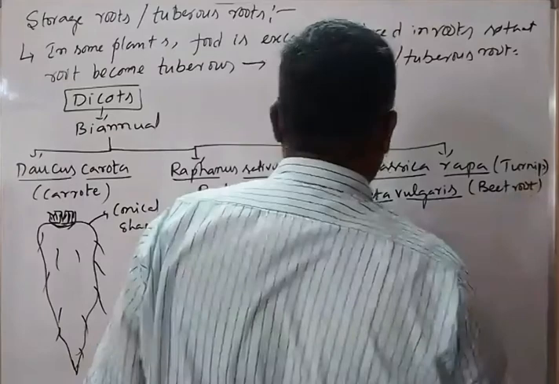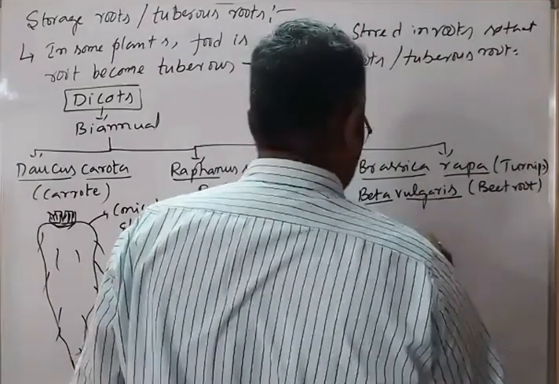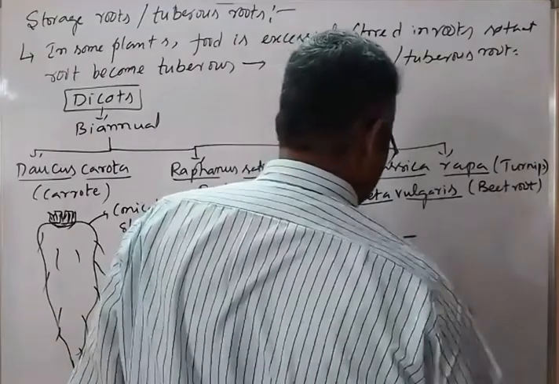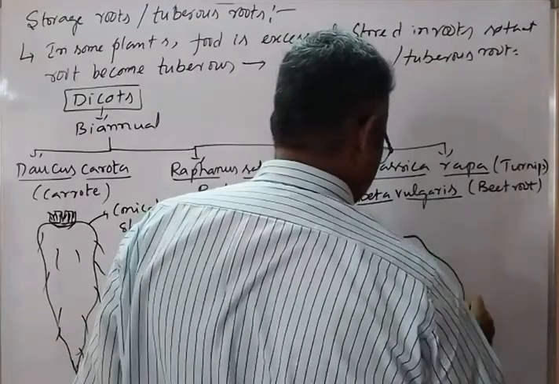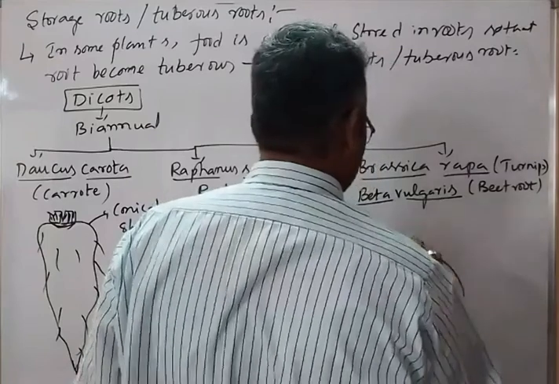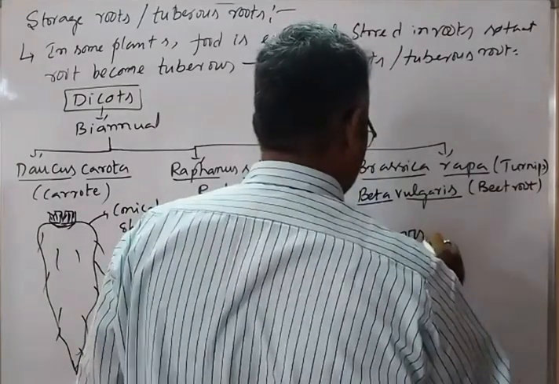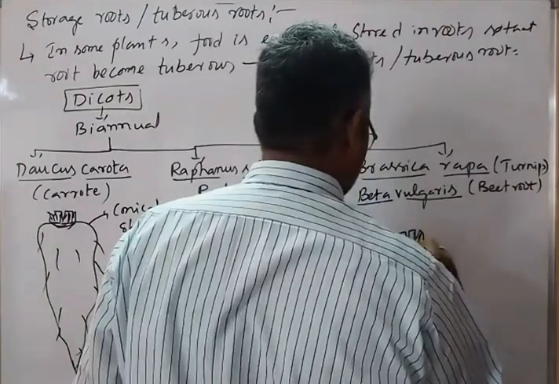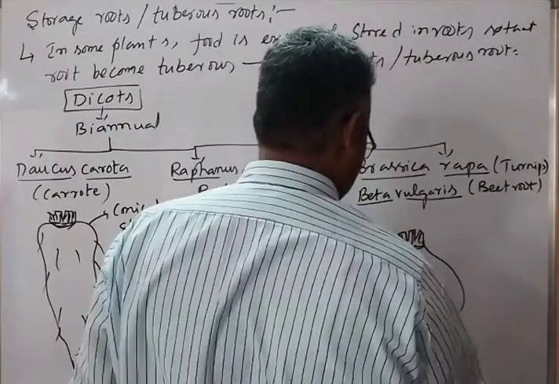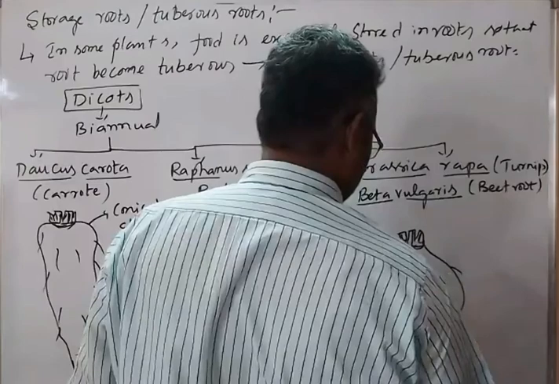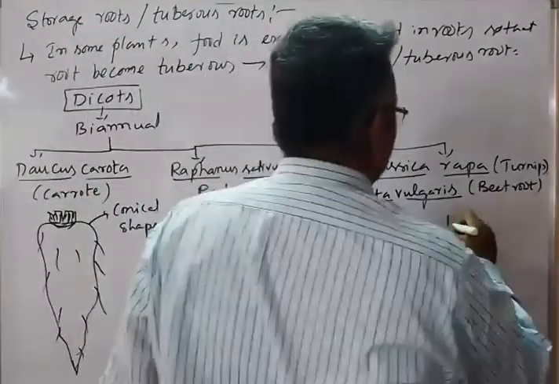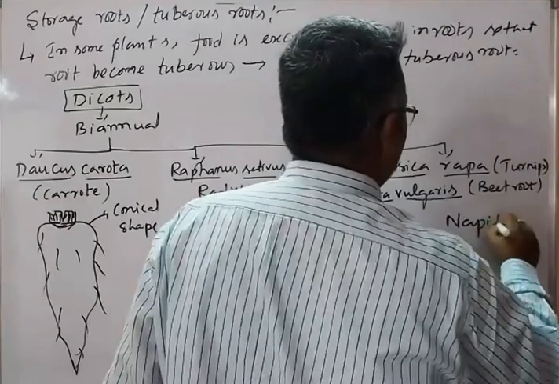Here the root is called napiform in shape.